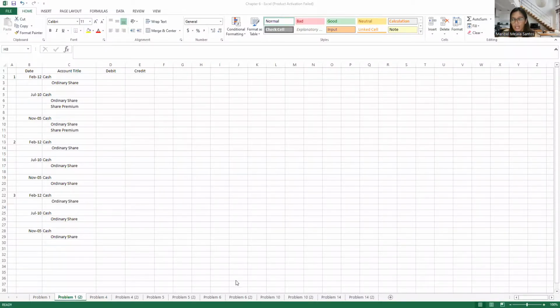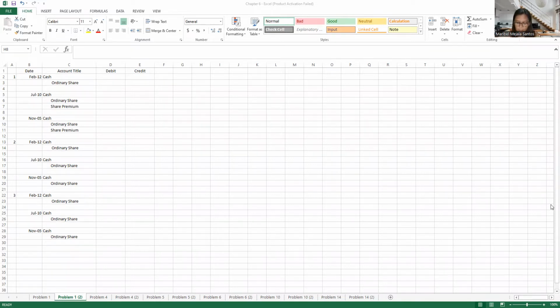For you to understand, let's try to illustrate on problem number 1. Okay. So we are now going to solve problem 1, no? Problem 1 on page 6-47. Okay, let's try to solve.